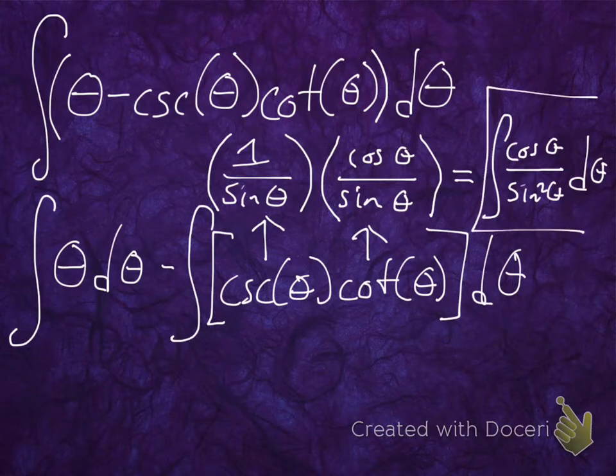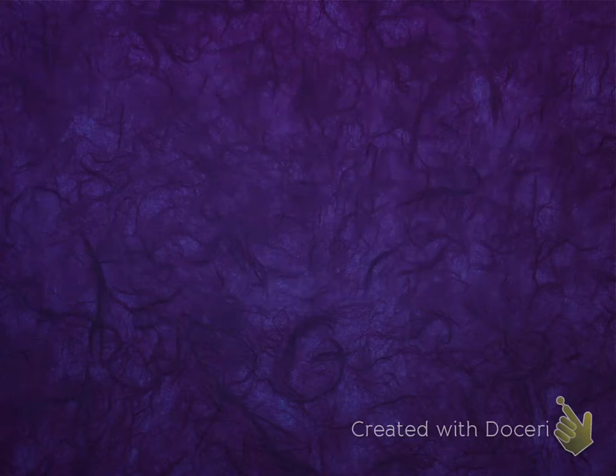So here's what we've got going for us up to this point. We've broken all this down into the integral of theta d theta minus the integral of cosine theta over sine squared theta d theta. Let's rewrite this on the next page.